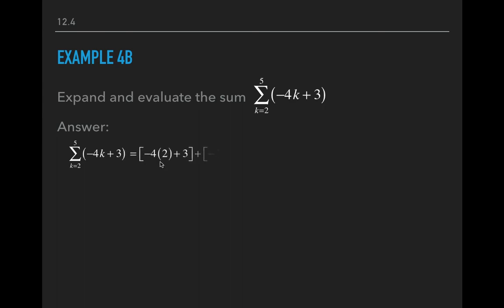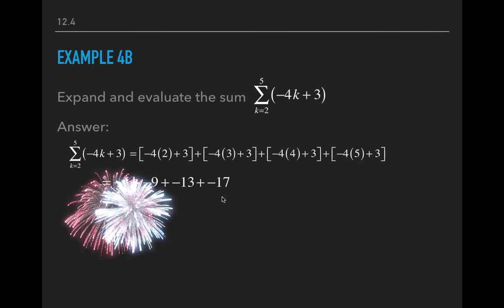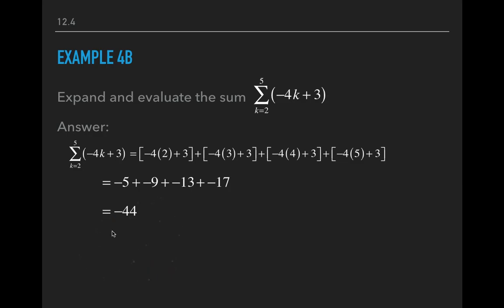So when we plug in, we'll plug in 2. And then we'll plug in 3 for k, 4 for k, and lastly 5 for k. And then we'd simplify each of these, and you would want to show all of your work here. The sum here is -5, -9, -13, -17, which when you do subtract all those, it would be -44.